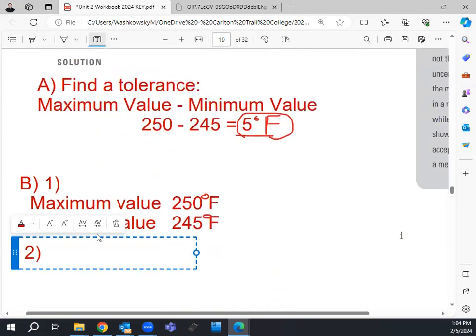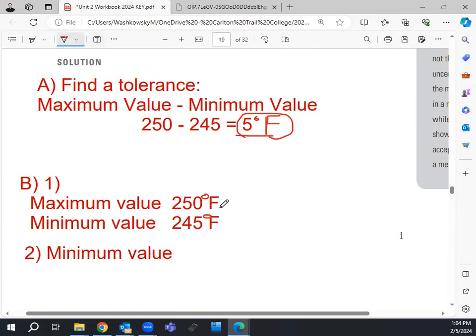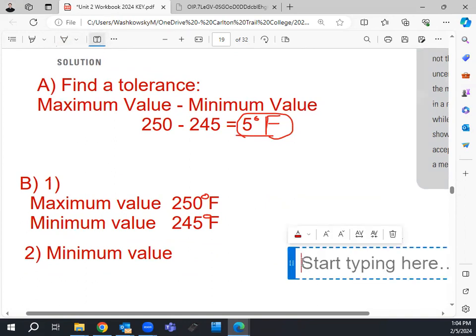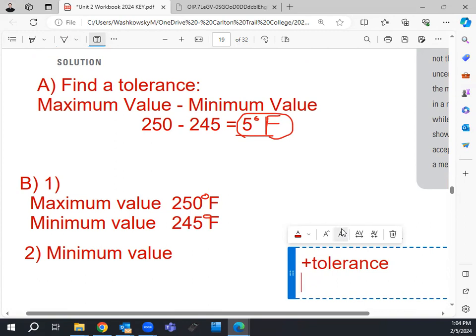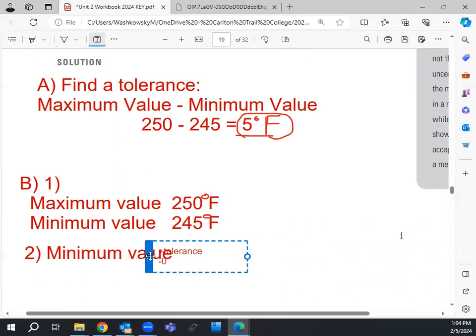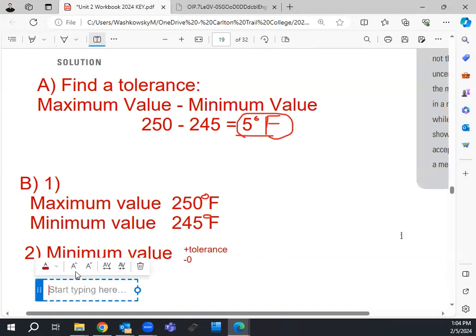So all I'm going to do is write my minimum value, and I'm just writing it how it's supposed to be. So plus tolerance, and then minus 0. So this is how we write this first one. This is the base formula here.